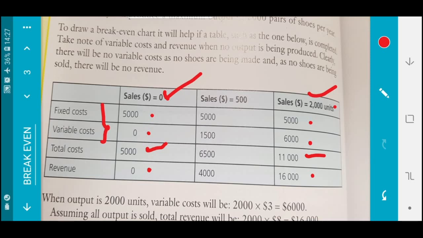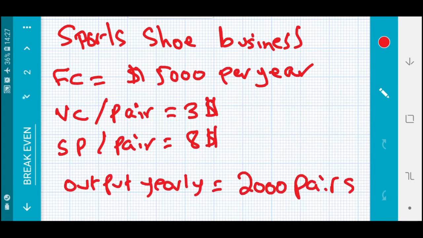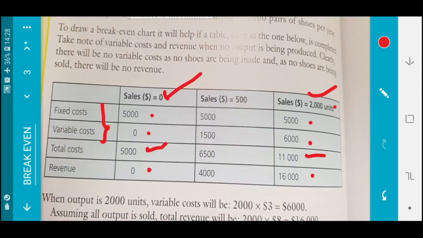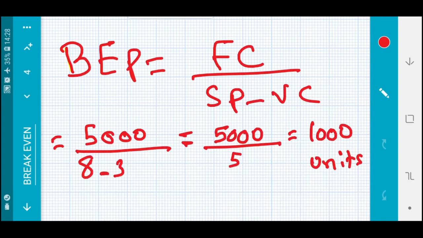So now, after I get all these results, I can go back to my graph and draw it. I'll give you a hint to use in the exam. Every time you face a break-even chart question, immediately, even if they didn't ask, just use this rule, which is the break-even point or contribution method rule.